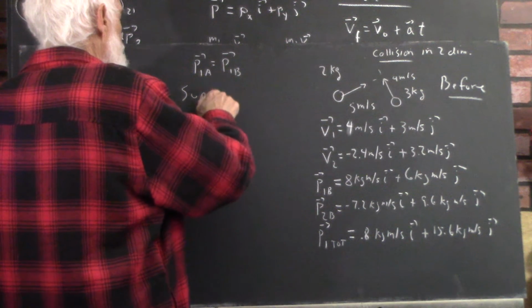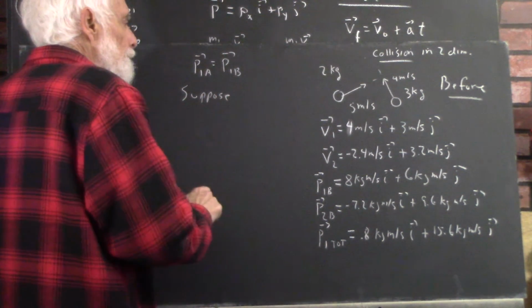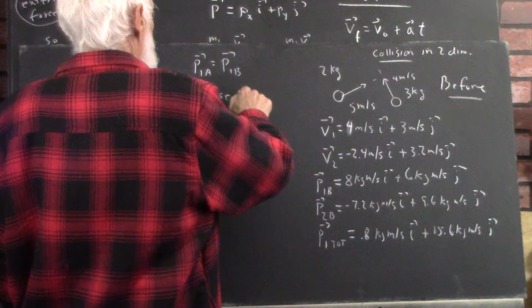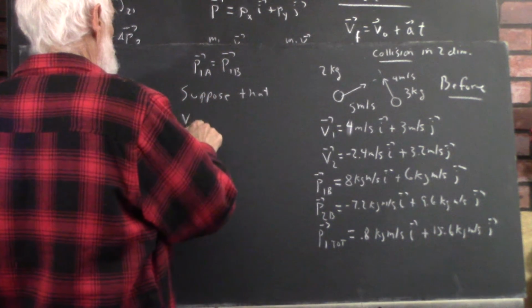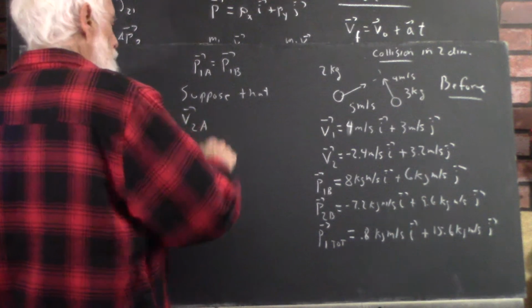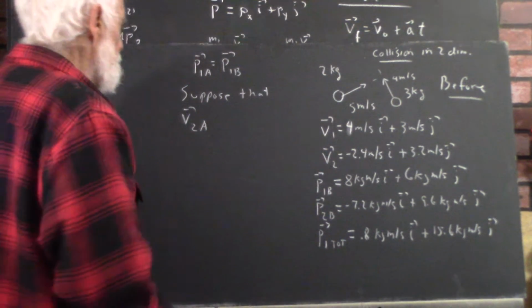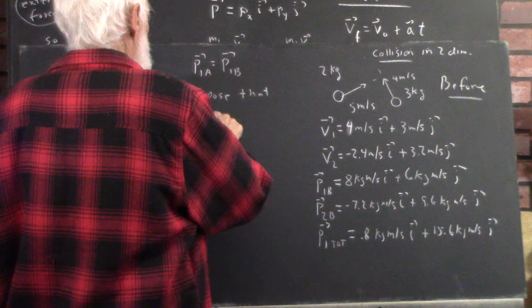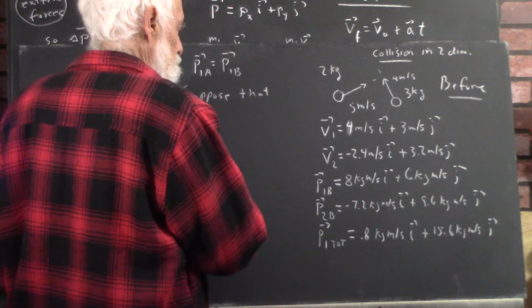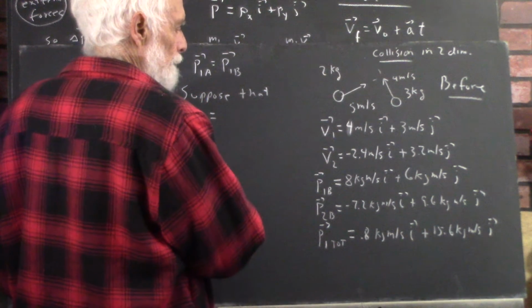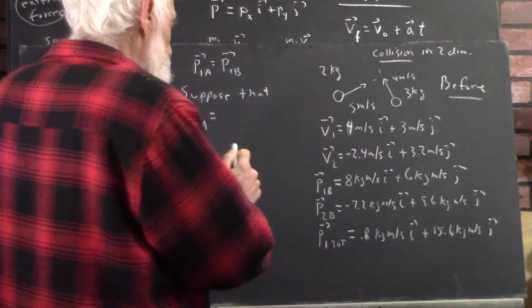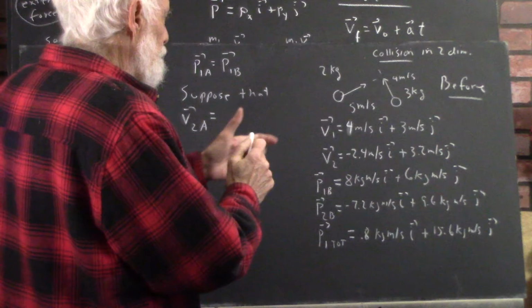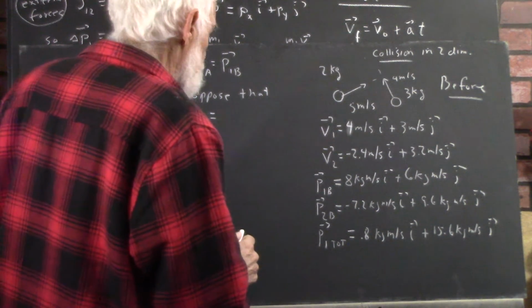Now we don't have a lot of information, but now let's suppose that V2 after collision is, okay, let's see what's reasonable. Let's say if that thing hits at this speed, this thing hits at this speed, and that thing could go off in that direction.